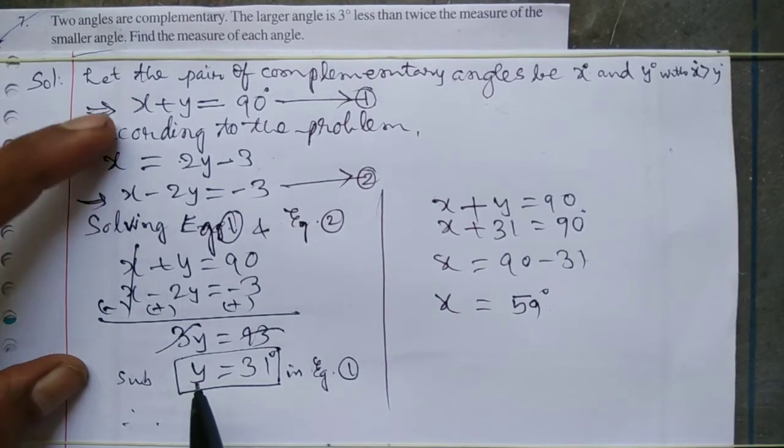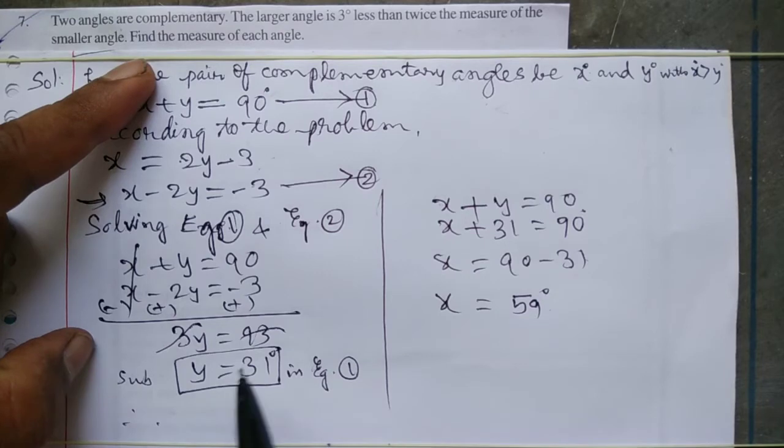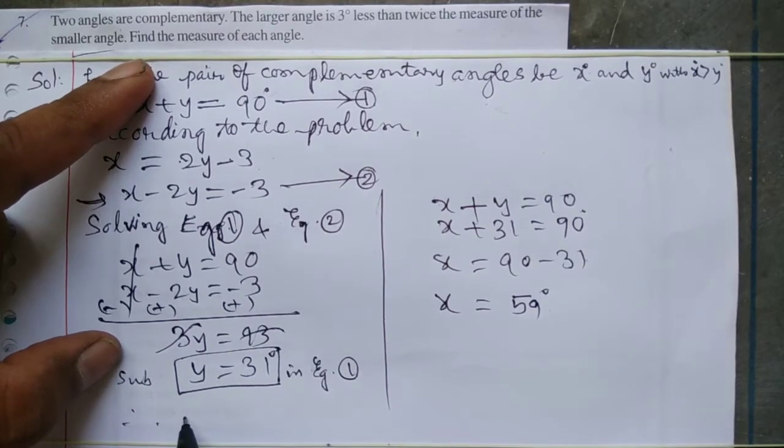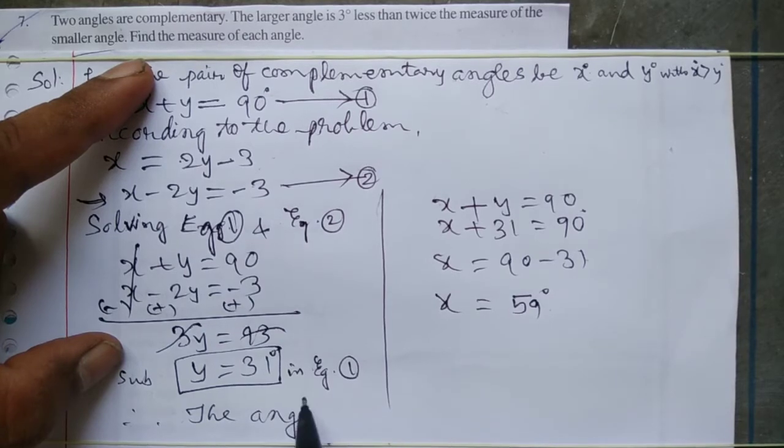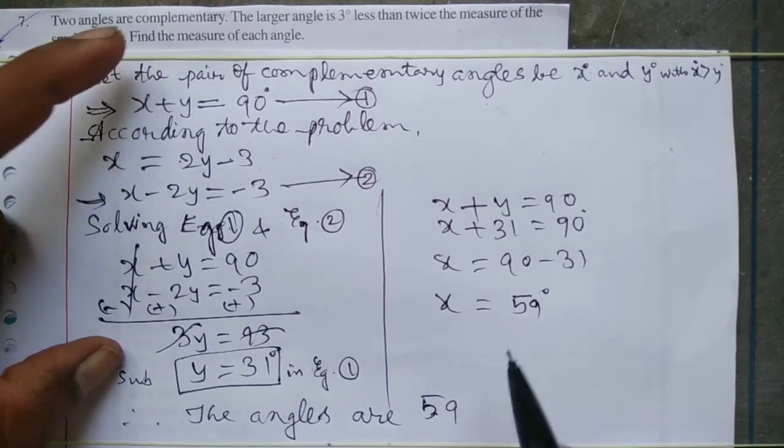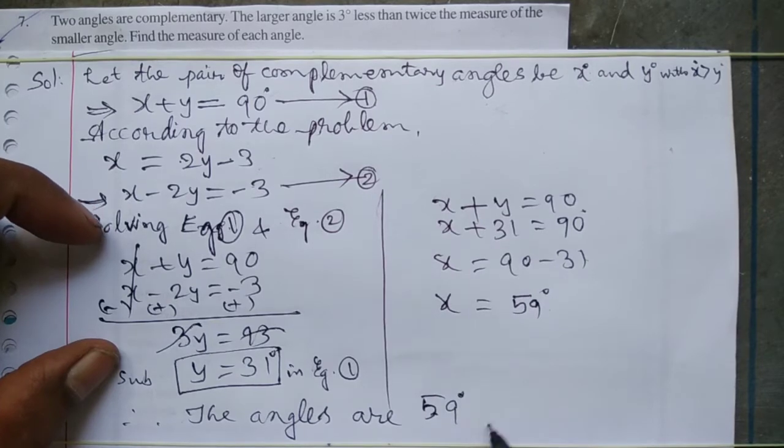Therefore, the measures of the angles are 59 degrees and 31 degrees.